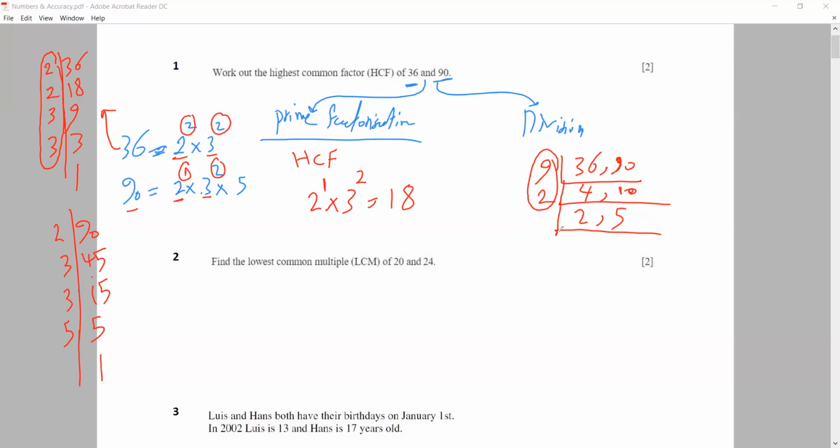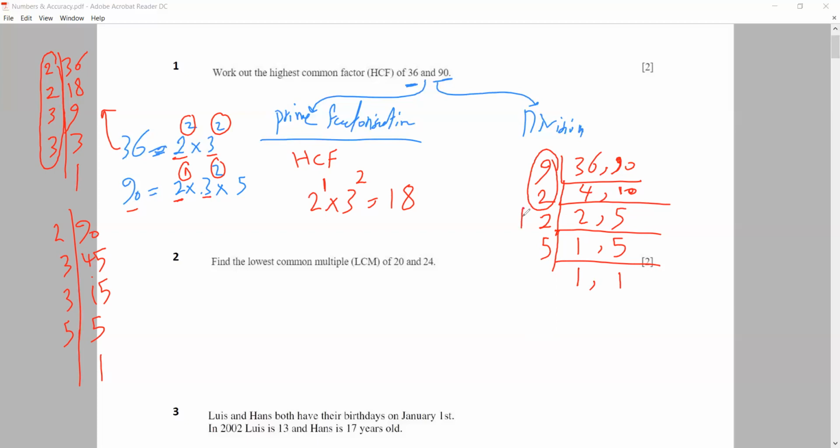However, if you continue, if you divide 2 by 2, that gives you 1. For the other, you just copy it down because 5 is not divisible by 2. Then you divide that 5 by 5, it gets you 1, and 1 you just write by itself.